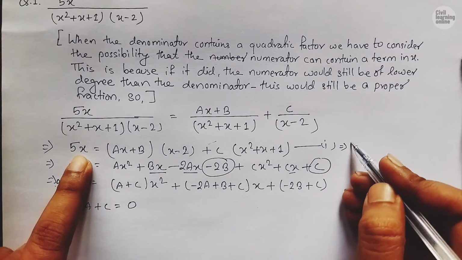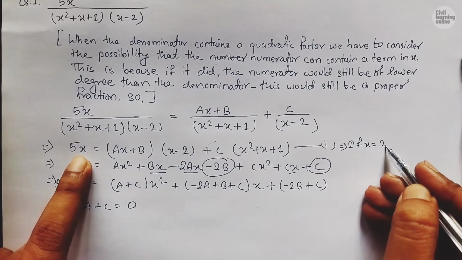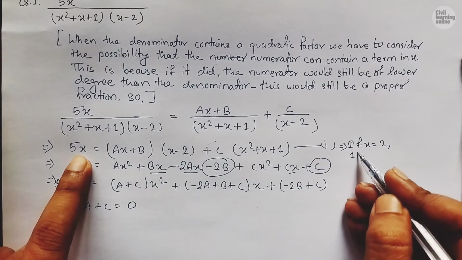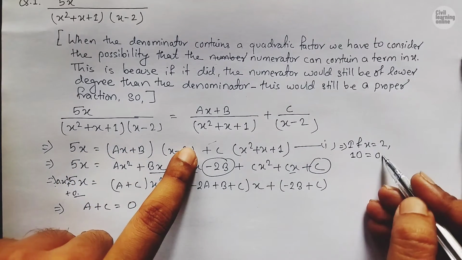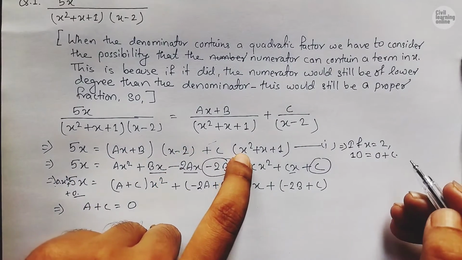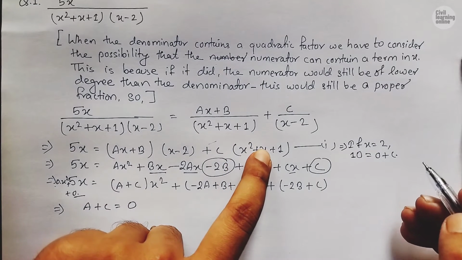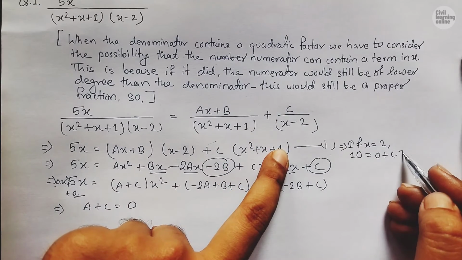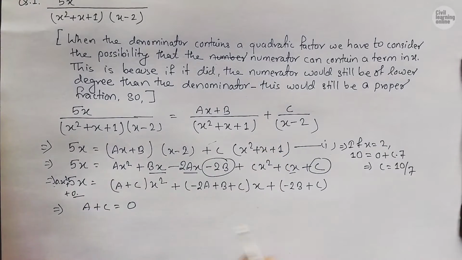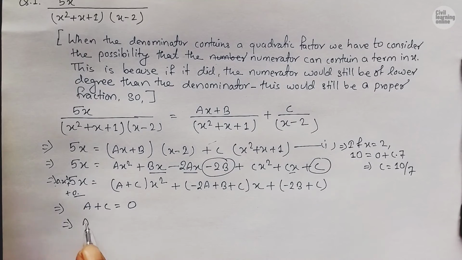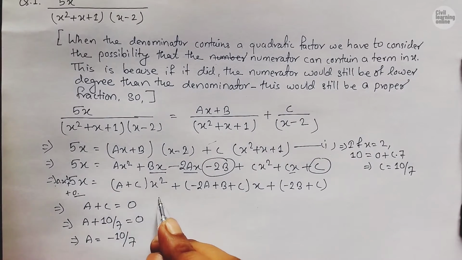If x equals to 2, we will have 5 times 2 is 10 equals to, this will get 0 plus c times, and 2 square is 4 plus 2 is 6 plus 1 is 7, so we will have c equals to 10 upon 7. So from here we will have a plus 10 upon 7 equals to 0. From here we will have a equals to minus 10 by 7.